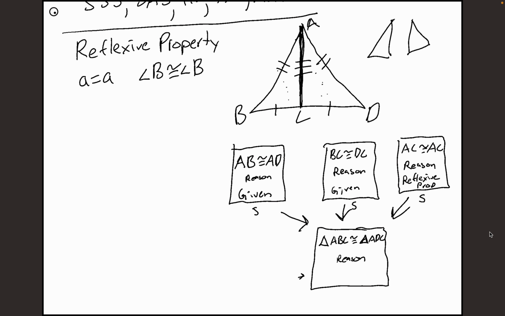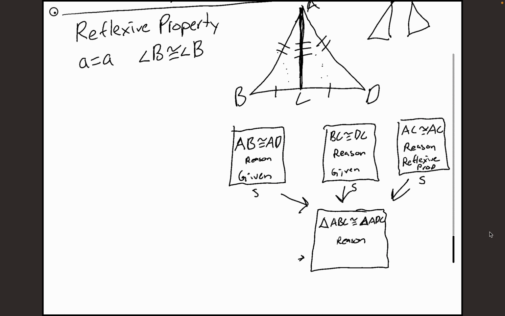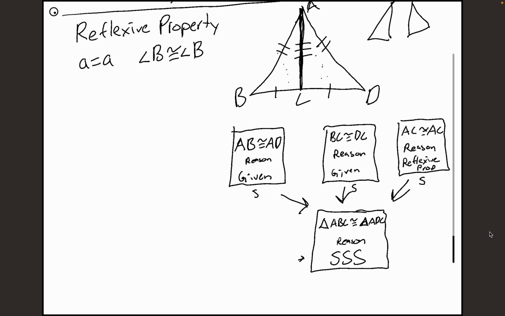So now, based on these two triangles, can I figure out what triangle congruence it is out of these 5 up here? Side, side, side. So I'm going to put S, S, S because it already gave us these sides and we found that third side. So this is an example of SSS.